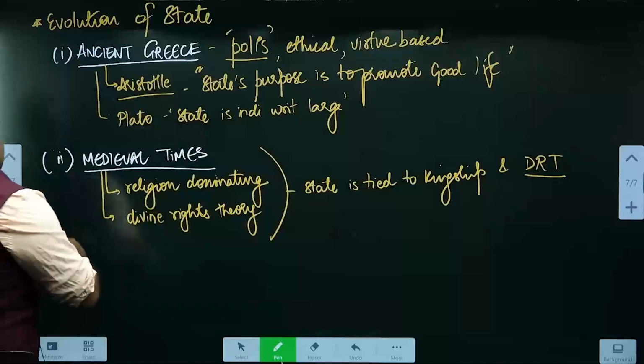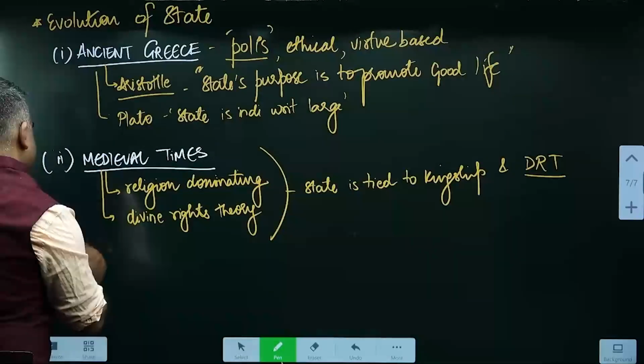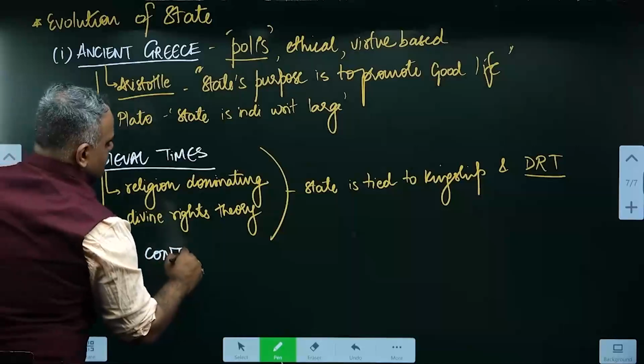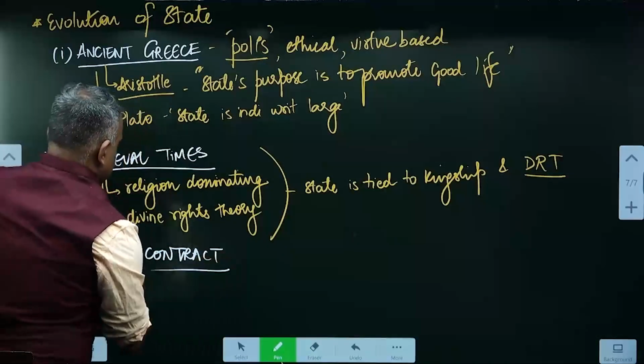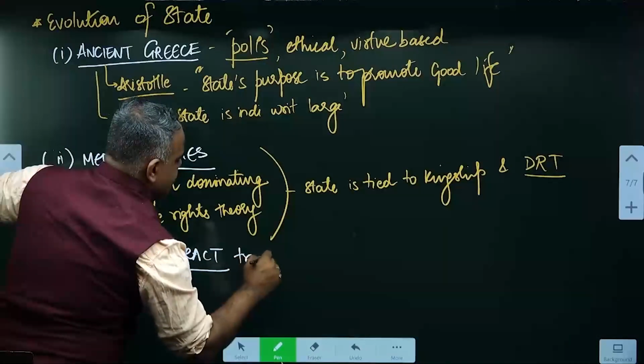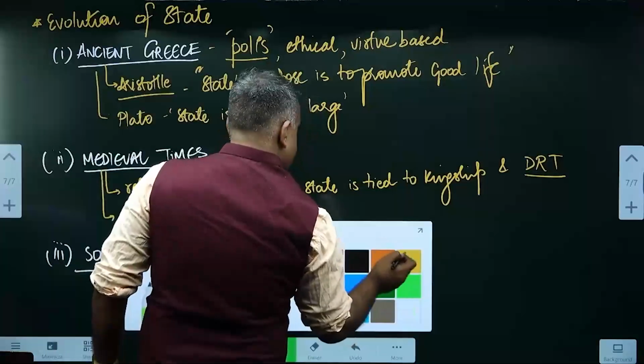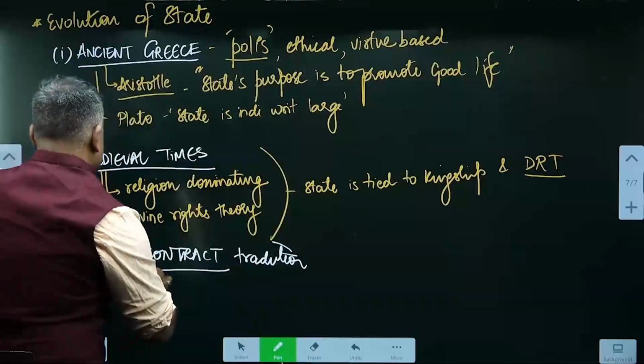Now, the third thing I can also write: the social contract tradition, as seen in the works of Hobbes, Locke and Rousseau.